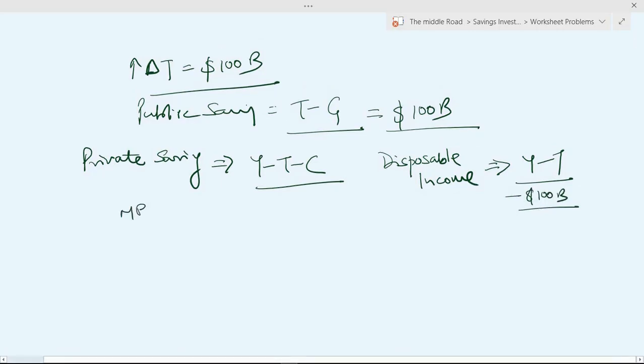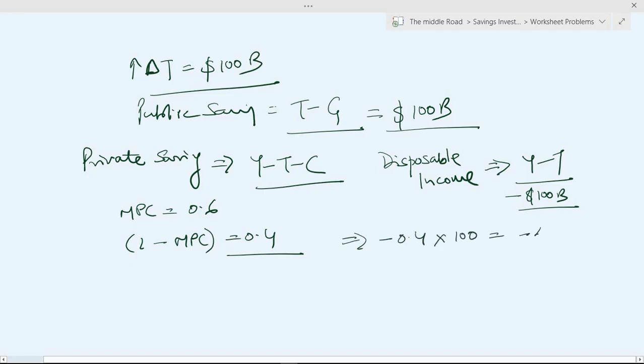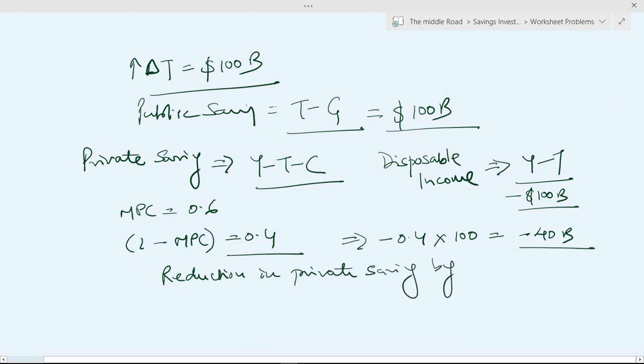So how much is the saving? If the marginal propensity to consume is 0.6, the propensity to save is 1 minus the marginal propensity to consume, which is 0.4. In other words, if the disposable income has gone down by 100 billion, the private saving has gone down by 40 billion.